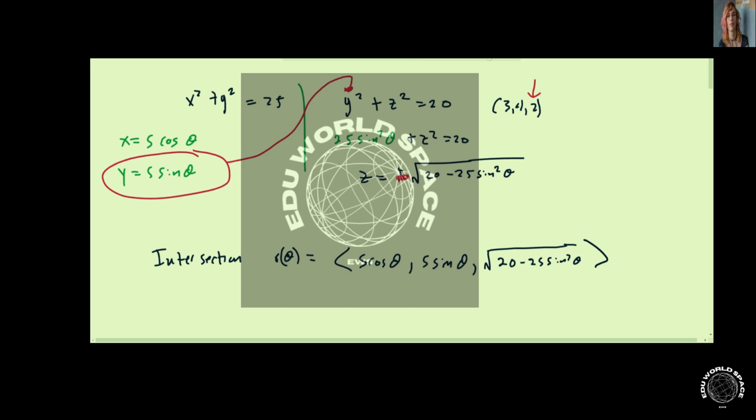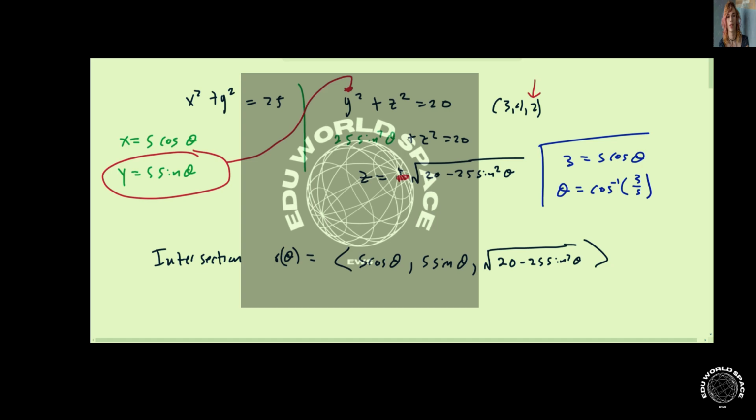I'm going to use the fact that x is supposed to be equal to 3 at this point. So we have 3 is equal to 5 cosine theta. We can divide by 5 and then take cosine inverse on each side. So theta is equal to cosine inverse of 3/5.